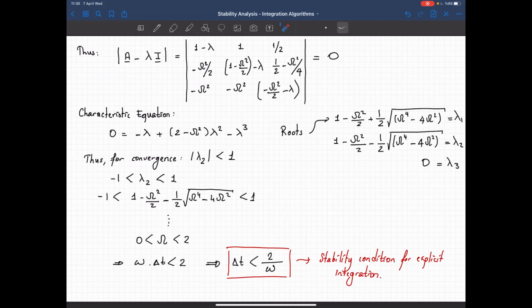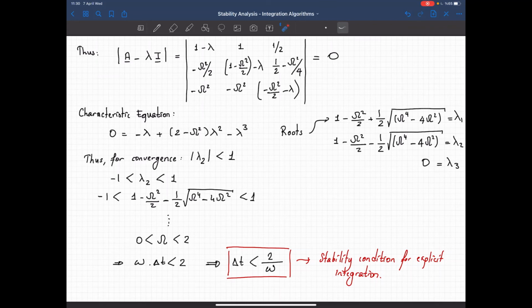What we learned here is that explicit integration is conditionally stable, and the condition is as follows. If you choose your delta t larger than 2 over omega, omega being the largest natural frequency of your structure, then you will not get convergence.